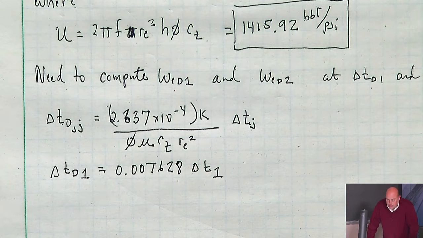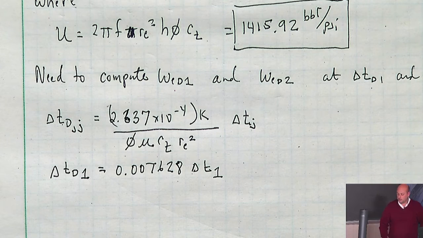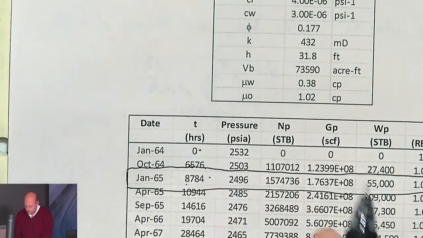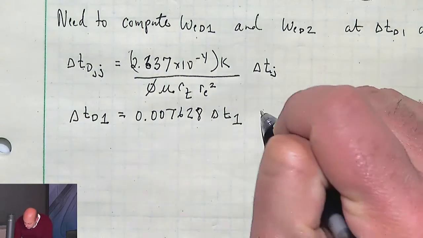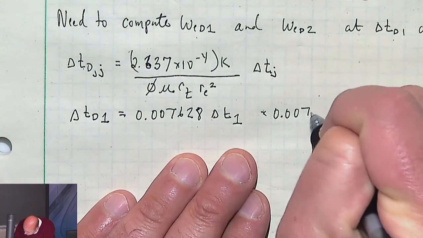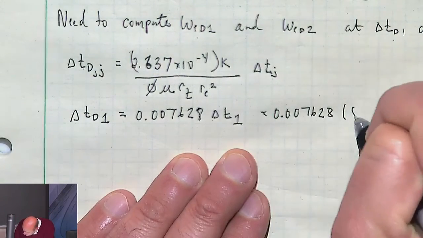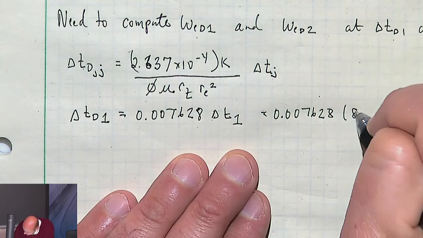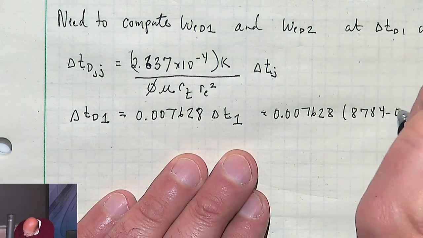Think about it for 30 seconds. What should delta T1 be in this problem? Okay, think hard about what I just tried to explain a minute ago. I don't know if anybody got that. So it's actually 0.007628 times 8784 minus 0.